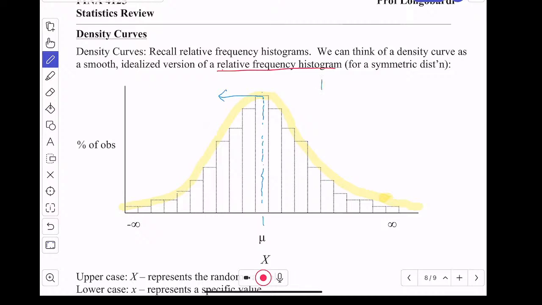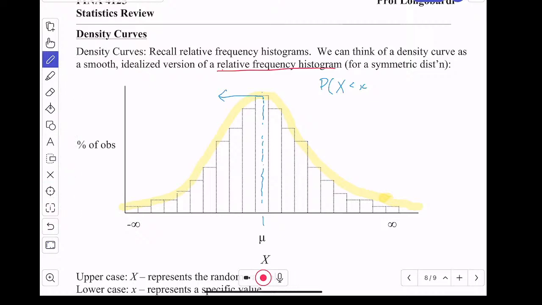So what proportion, what P of... X represents the variable that I've plotted, and little x represents the value on this number line. And notice I made it continuous, so this is a continuous distribution as the values go along the number line from negative infinity to infinity.